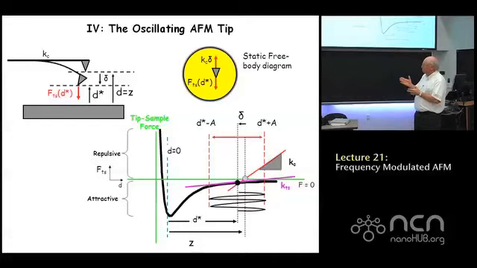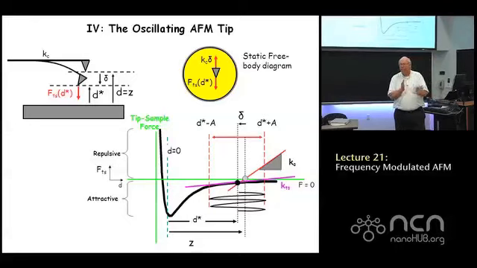So the cantilever will bend such that the restoring force on the cantilever, which is the spring constant of the cantilever times its displacement delta, equals the attractive force at the new position of the cantilever. When those two things balance, as indicated by that static free body diagram, that's going to determine what the new equilibrium position of the cantilever is with respect to the substrate.